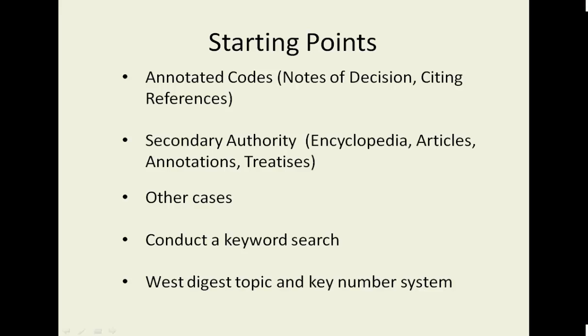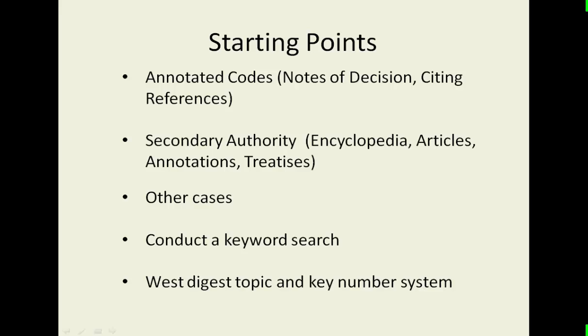You can also find a case from reading another case. You can conduct keyword searches about the legal issues that you are researching on a database like Westlaw Next. And you can use the Westlaw key number system, either on its own or in conjunction with any of the above.